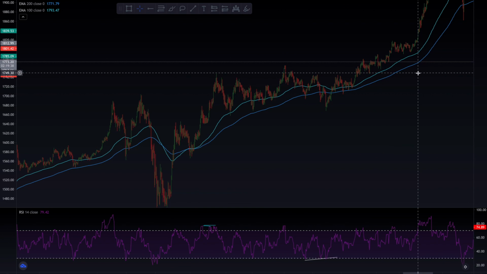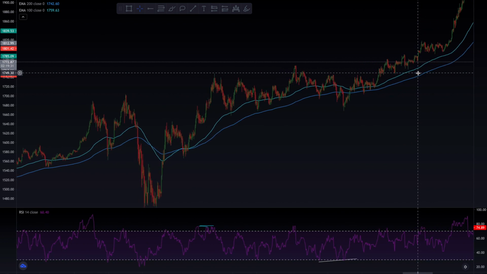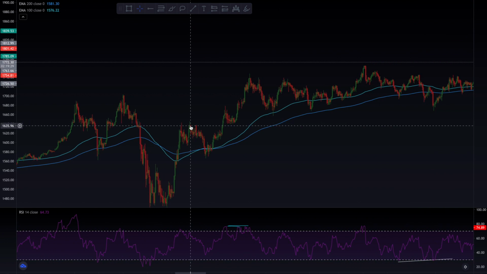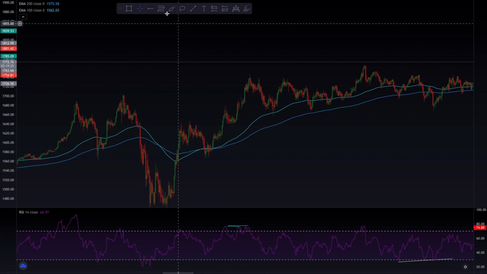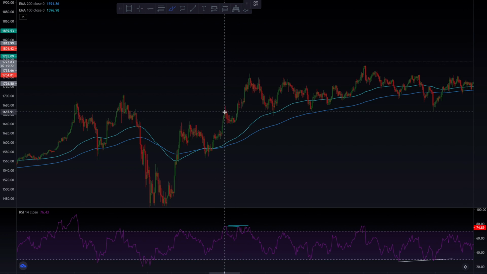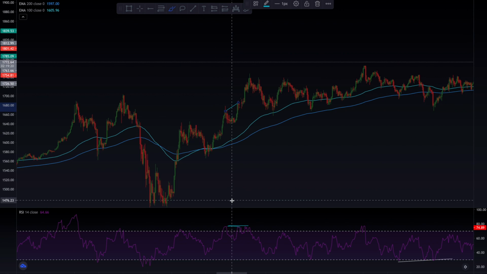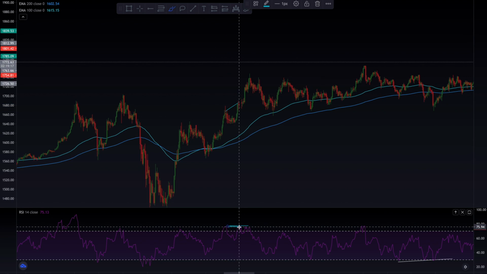Now let's take a couple of examples to see how the divergence fails and what you should do about it. If we look at this level over here, the price created a higher high, but if we compare it with the indicator, it created a lower high instead, telling us that there is something wrong in the market.